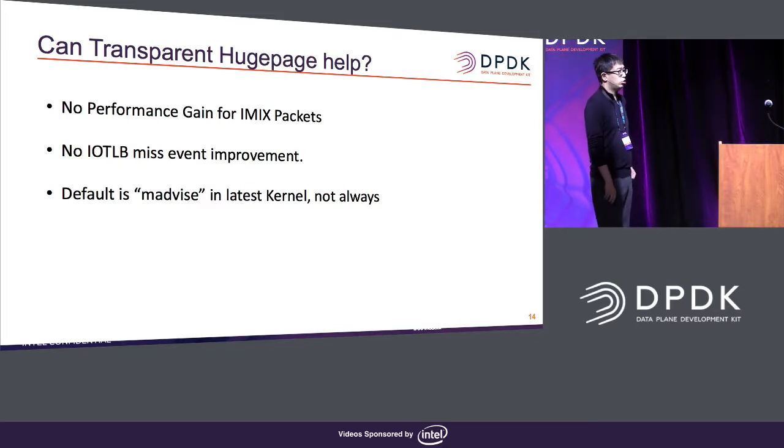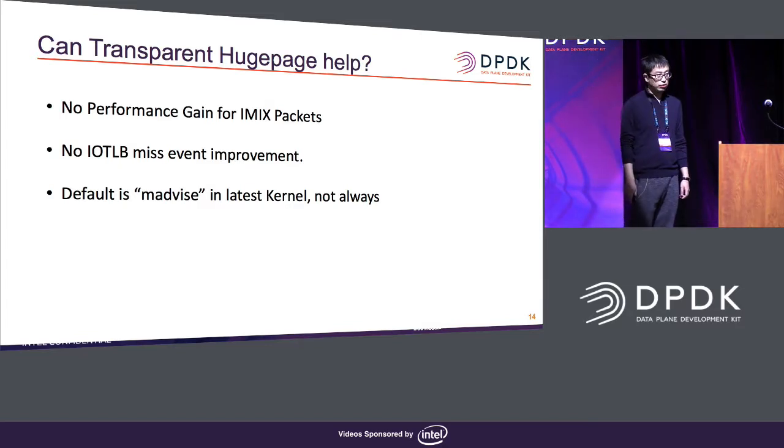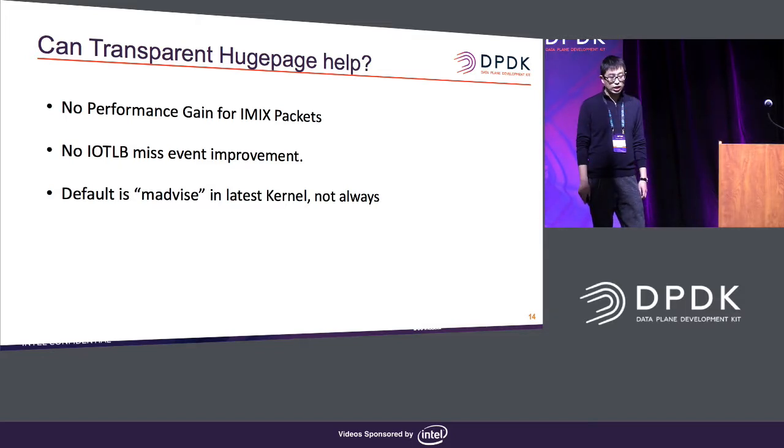Also, transparent Hugepage can bring some side effects. For example, it will have some fake memory leak behavior in some worst cases, and the default transparent setting in the latest kernel is set to madvise instead of always.